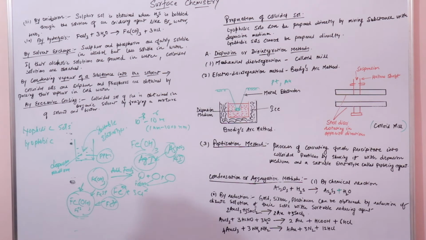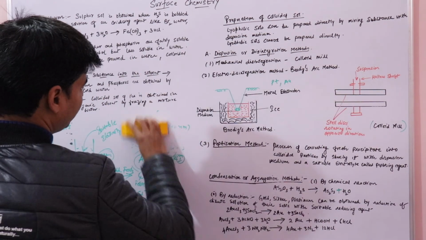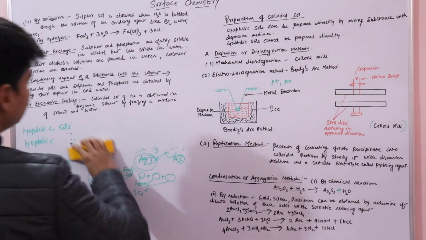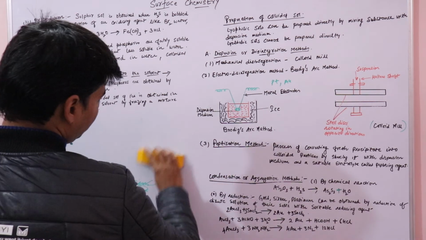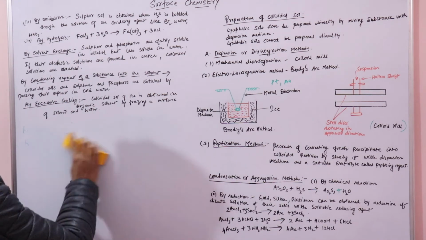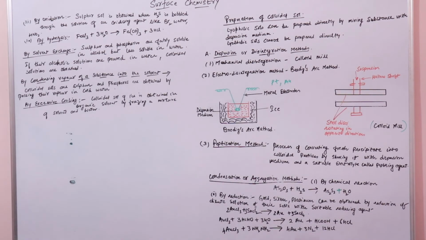So hydrogen sulfide, let me just quickly write down the chemical equation. Hydrogen sulfide H2S will react with bromine to form HBr plus sulfur, right? Same is with the other oxidizing agent, which is your nitric acid.